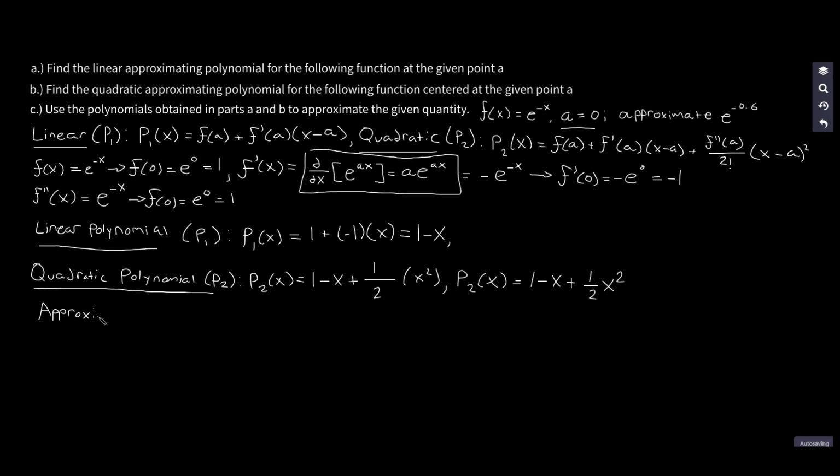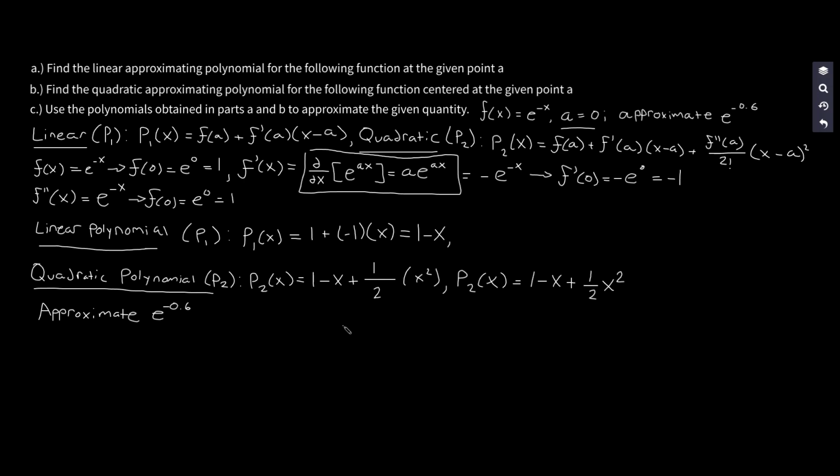And then we're prompted to approximate e raised to the power of negative 0.6. To estimate Euler's number raised to the power of negative 0.6, we notice that the exponent is negative 0.6, and in our function f of x equals Euler's number raised to the negative power of x.